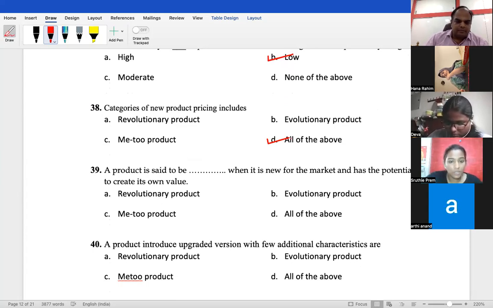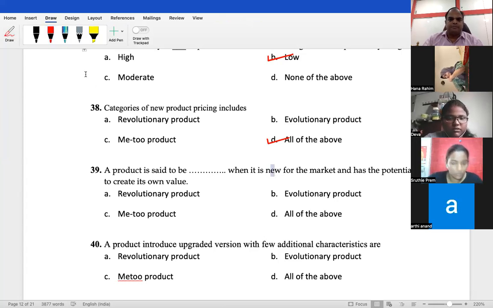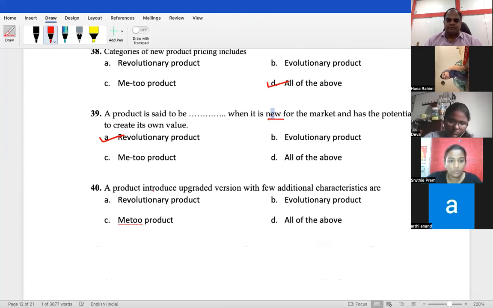A product is said to be dash when it is new for the market and has the potential to create its own value. A, revolutionary product, B, evolutionary product, C, me too product, D, all of the above. New to the market: revolutionary product. Next.